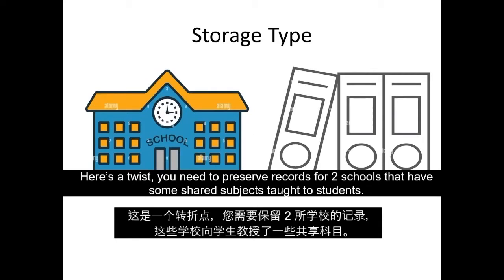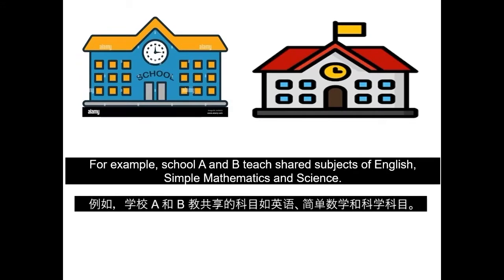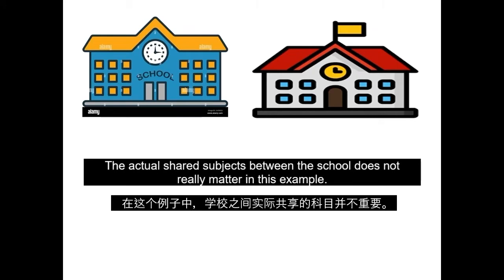You need to preserve records for two schools that have some shared subjects taught to students. For example, schools A and B teach shared subjects of English, simple mathematics, and science. The actual shared subjects between the schools do not really matter in this example.